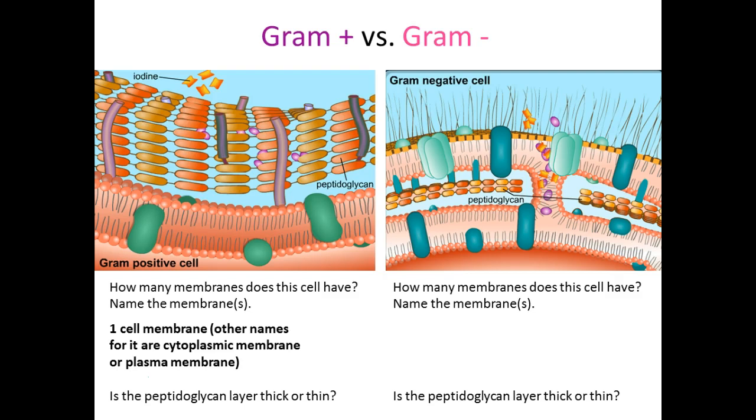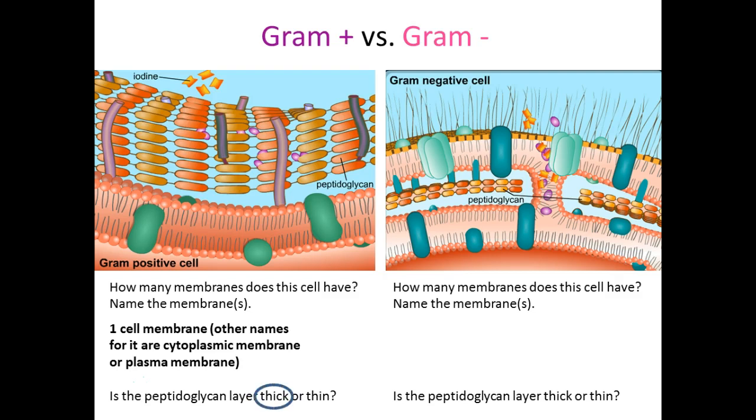I'll always refer to it just as a cell membrane, but know that those other terms mean the same thing. And for gram positives, their peptidoglycan layer, this special substance that makes up the cell wall of bacteria, is very thick.